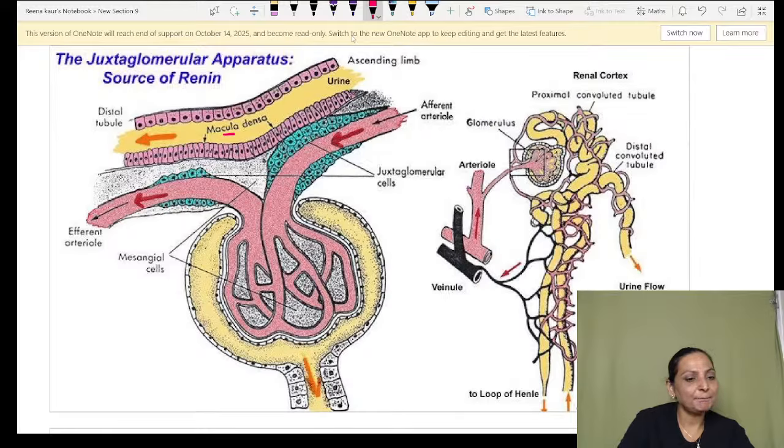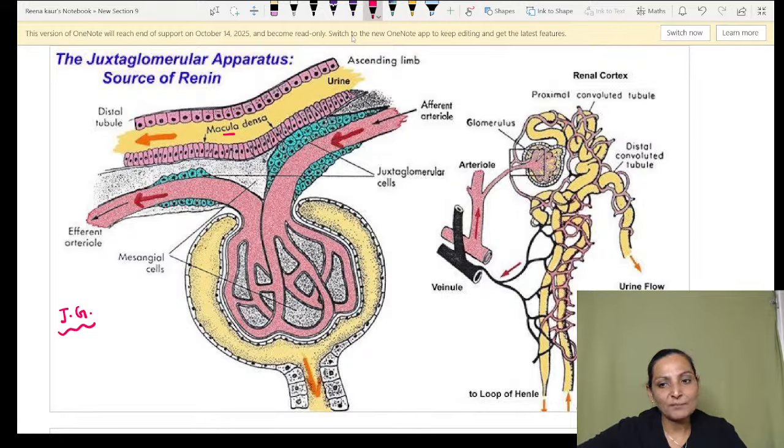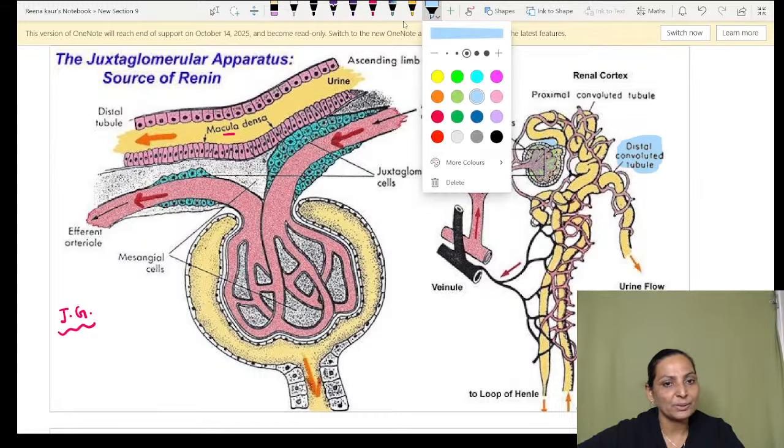Macula densa is the part of the juxtaglomerular apparatus which is present just where the thick ascending limb of the loop of Henle is going to become the distal tubule, and it is just near its own glomerulus.